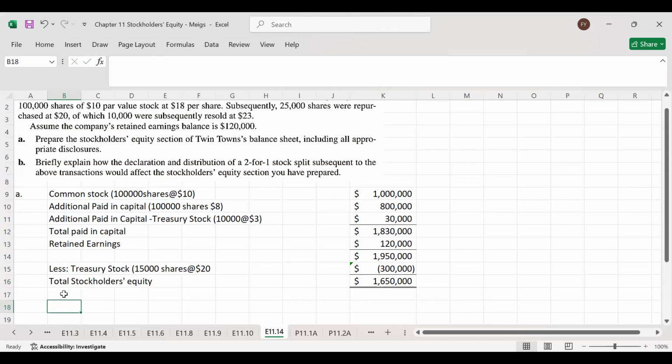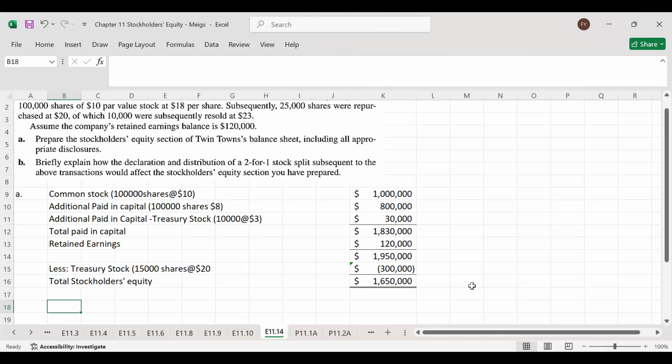Briefly explain how the declaration and distribution of a 2-for-1 stock split subsequent to the above transaction would affect the stockholders' equity section you have prepared. First of all, the total amount would not be changed because the number of shares will be multiplied by 2, and the dollar amount will be divided by 2.